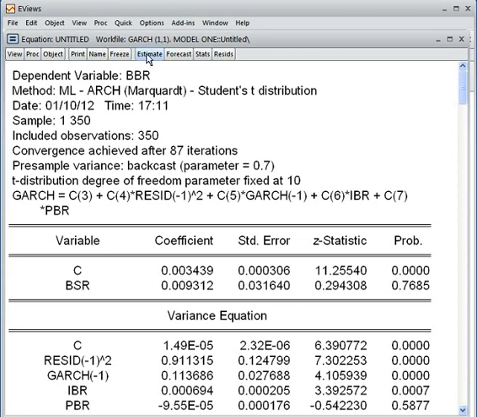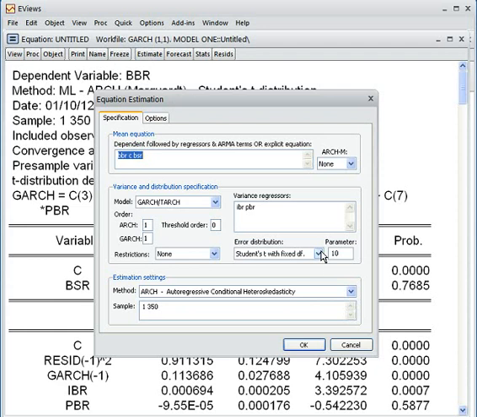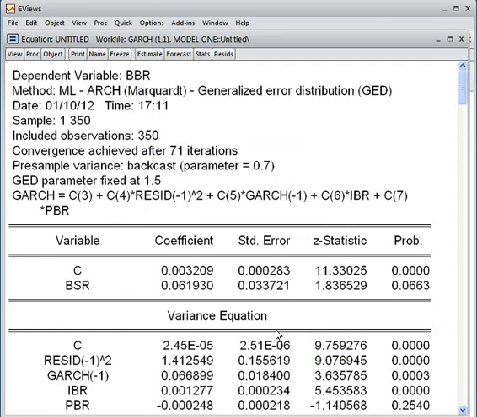Sorry, I made a mistake. I do it again. GED with fixed parameters. So this is my model with GED, and other things remain unchanged. I click OK. You see the Generalized Error Distribution, GED.